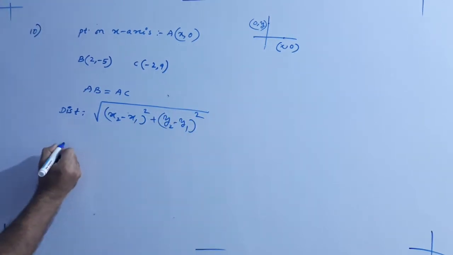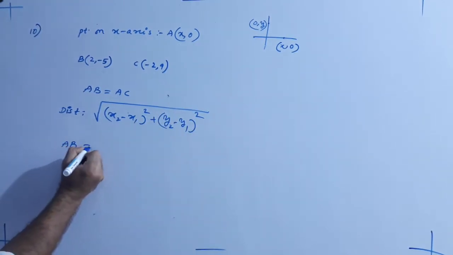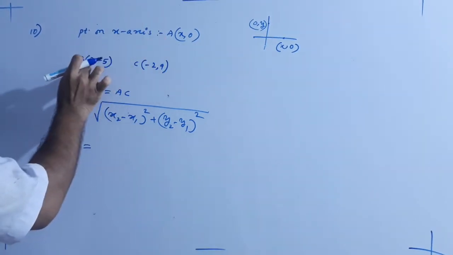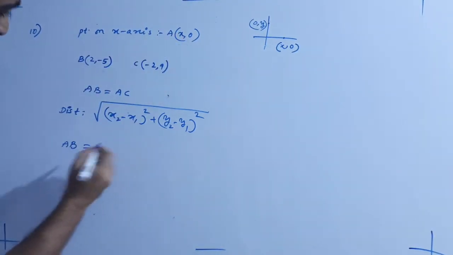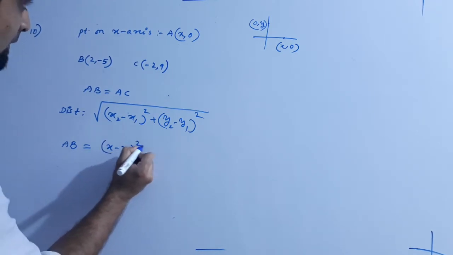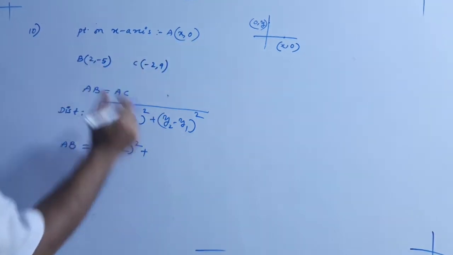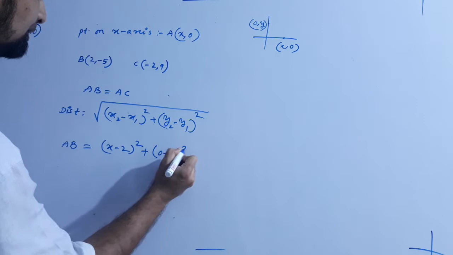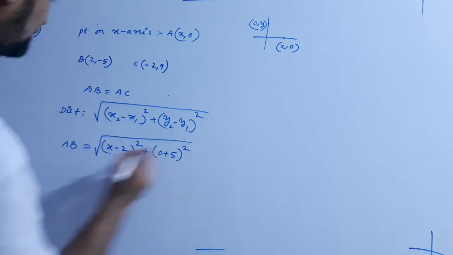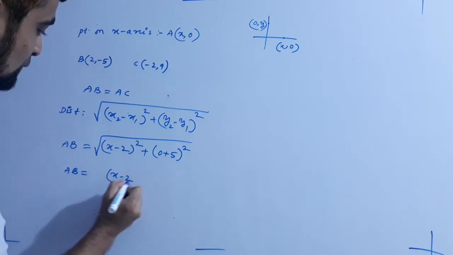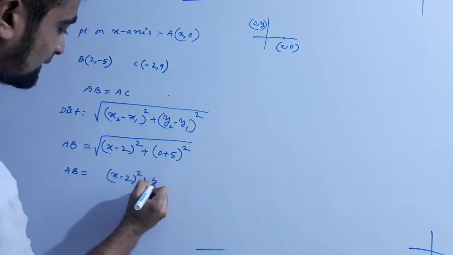Now let us find AB. AB equals, for A and B, (x minus 2) whole square plus (0 minus of minus 5, that is 0 plus 5) whole square. Therefore AB equals square root of (x minus 2) whole square plus 5 square.